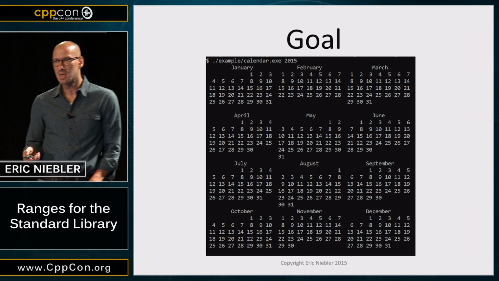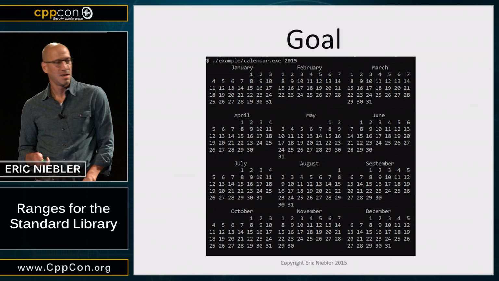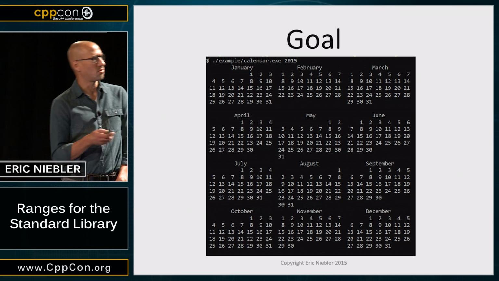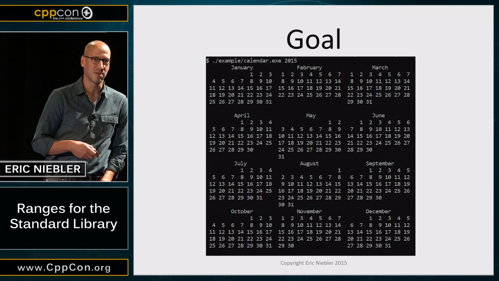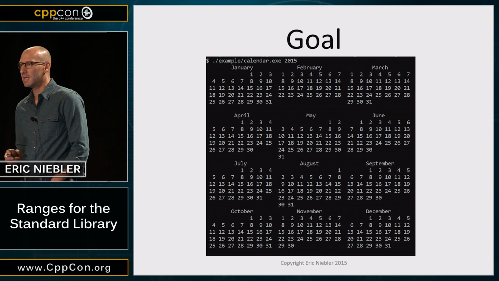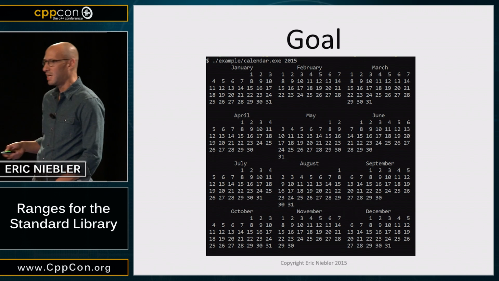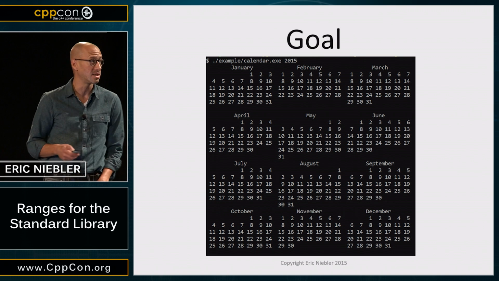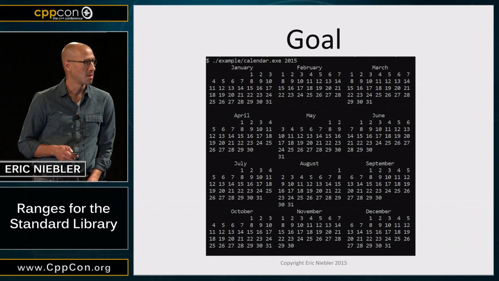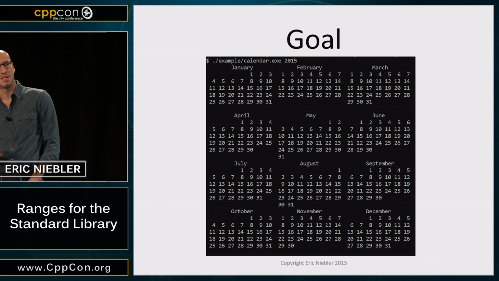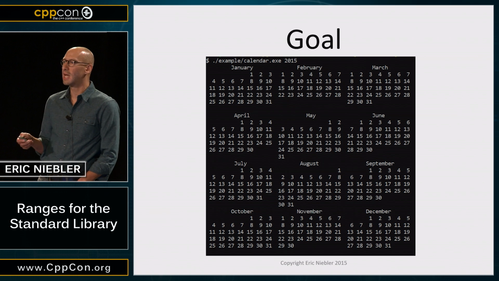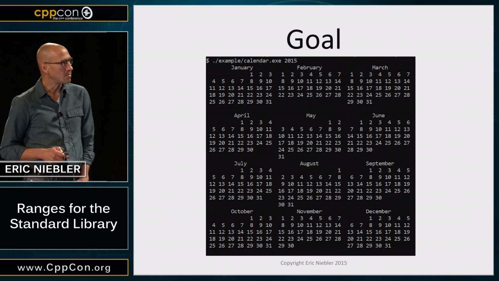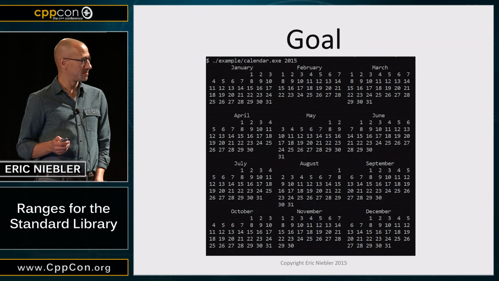There's all sorts of weirdness in calendaring, lots of weird formatting, and we'll have to do white space padding and probably lots of offset computation, and it's probably going to get ugly and nasty because calendaring is ugly and nasty. But I hope to show as this talk goes on that it doesn't have to be ugly and nasty, and that it can actually be beautiful and declarative. So this is where we're going.